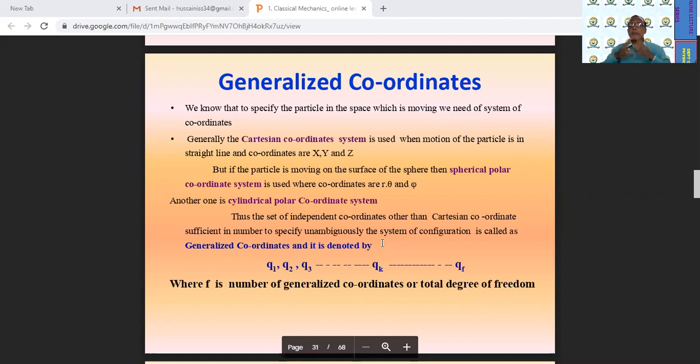That means it has mass, velocity, displacement, and all the terms and concepts associated with classical mechanics or Newton's laws are related to that particular particle. So in the same series, the next article that we are going to consider is the generalized coordinates.